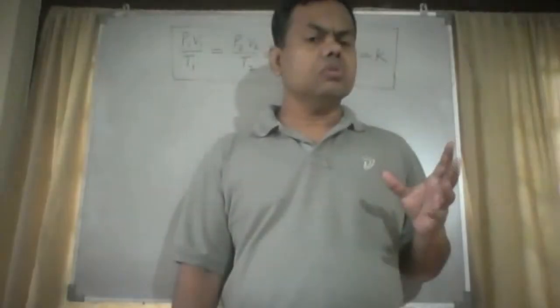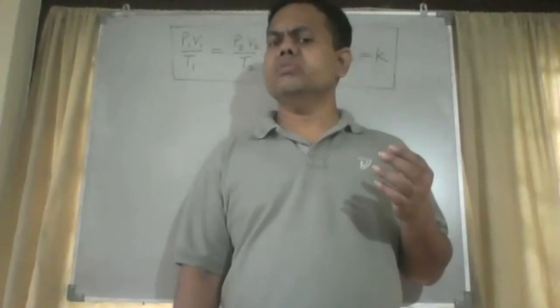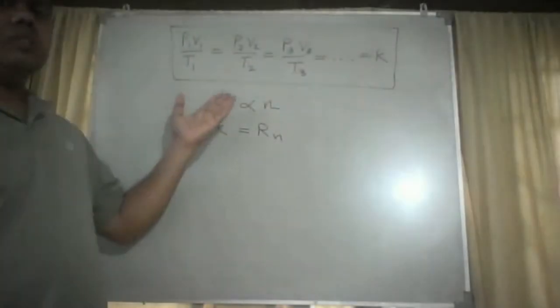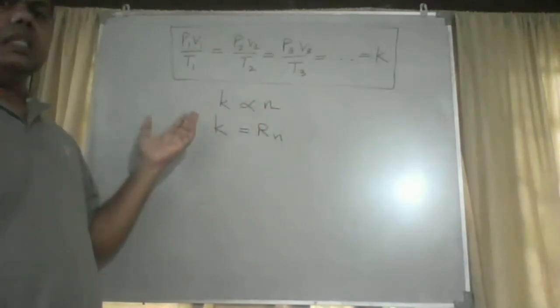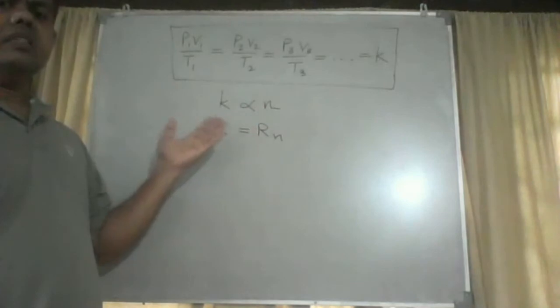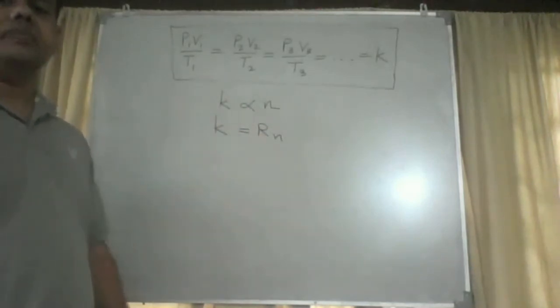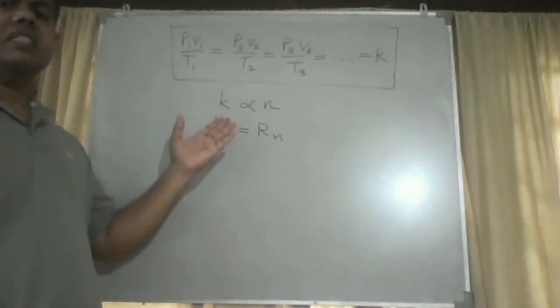As per Avogadro's law, we can deduce for an ideal gas that K is proportional to n, the number of moles, and introducing a proportionality constant R, we can write K equals Rn, where R is called the universal gas constant.